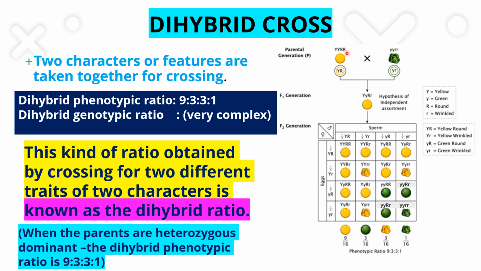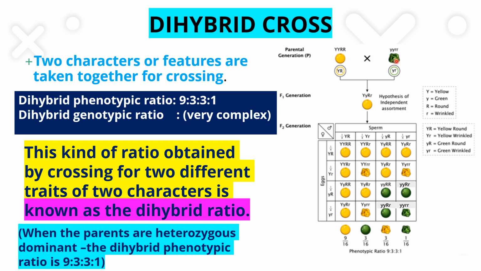But 2 pure breeding varieties are there. One is homozygous dominant, another one is homozygous recessive. One parent produces round yellow seed. Another parent produces wrinkled green seed.